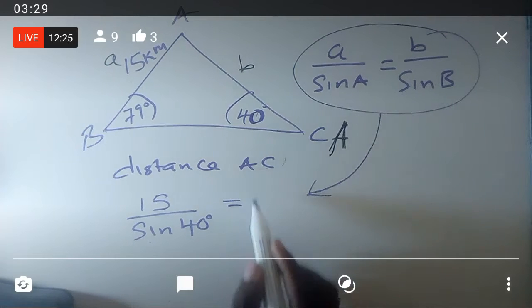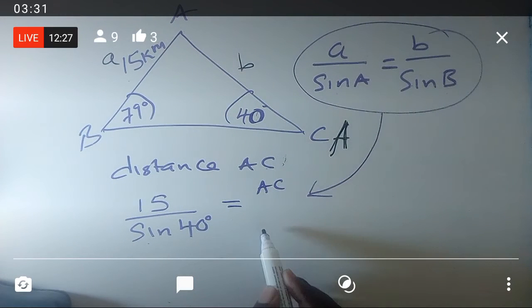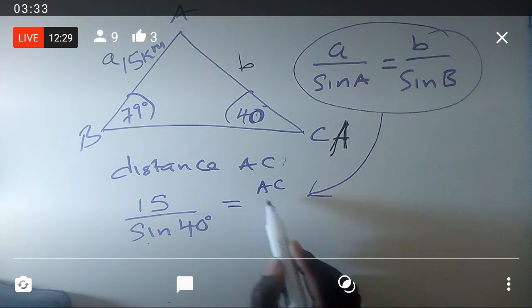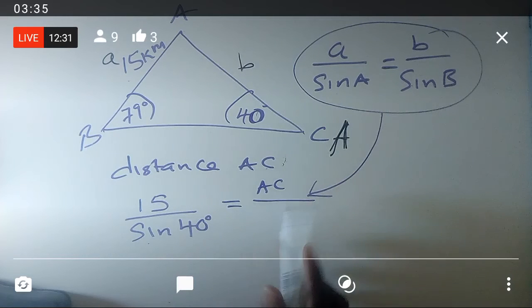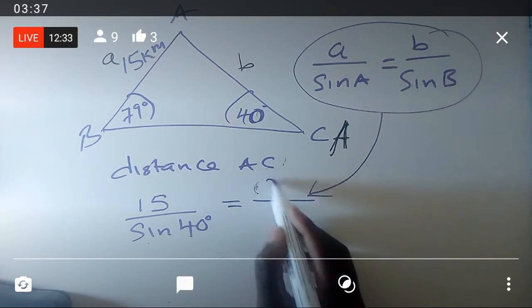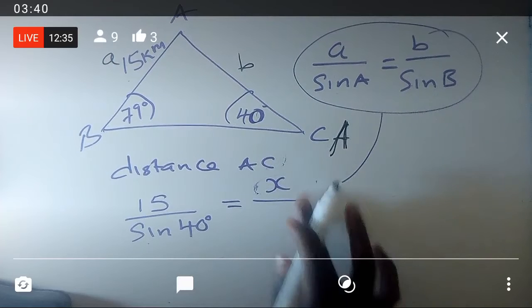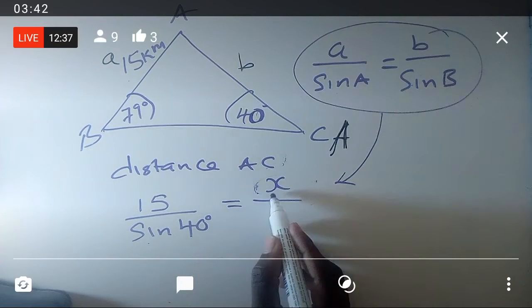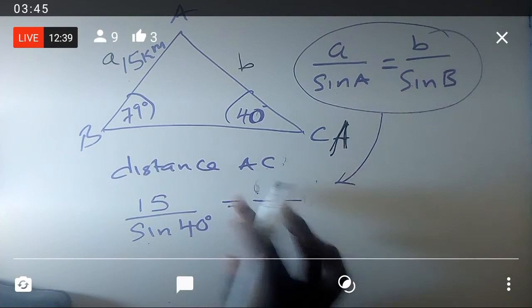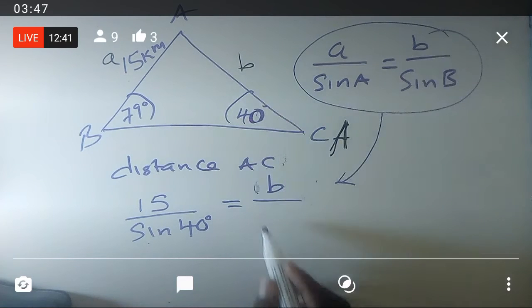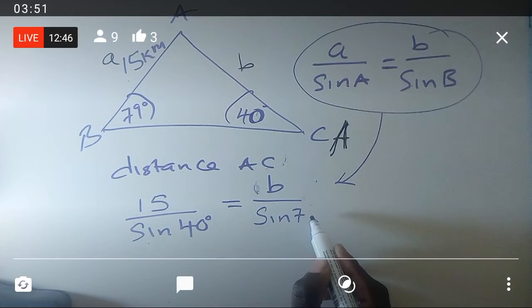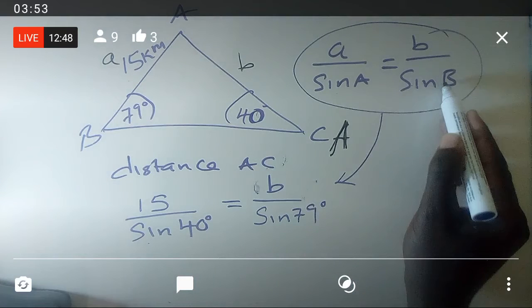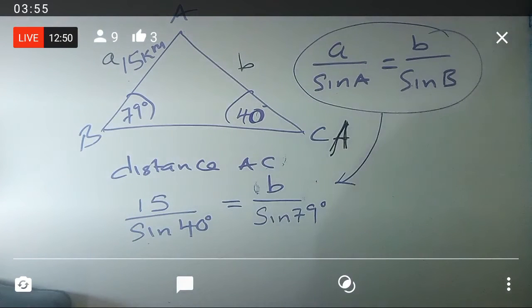AC is what we've been asked to find. You can call it X or B; I'm finding B. So b over sine 79 degrees, capital B being 79 degrees.